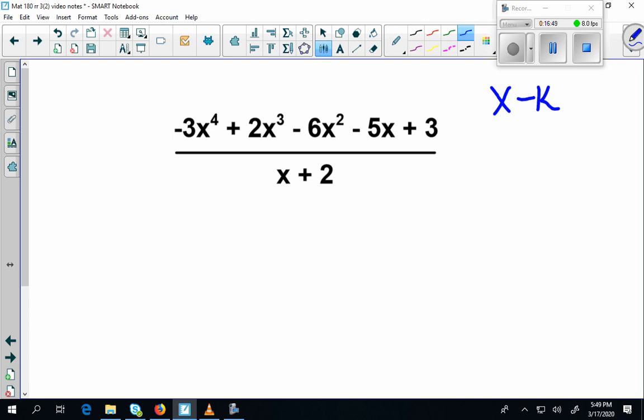So the way I would then put a number in that k position to fulfill those circumstances would be x minus negative 2. So negative 2 is what is going to be staying outside.